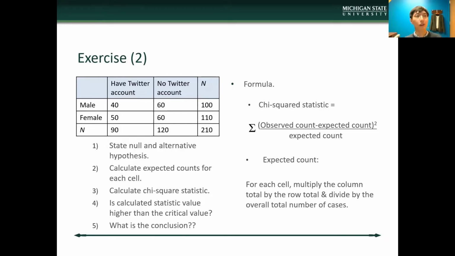So I will give you some time. Please press the pause button for this video and do the practice. And then I will show how to solve the problem step by step.